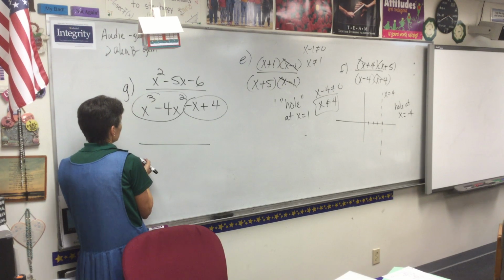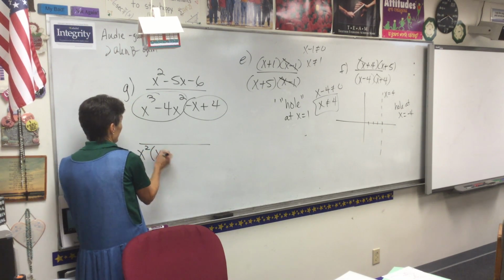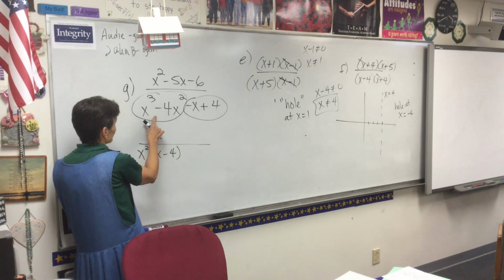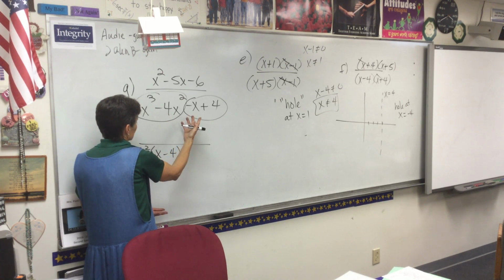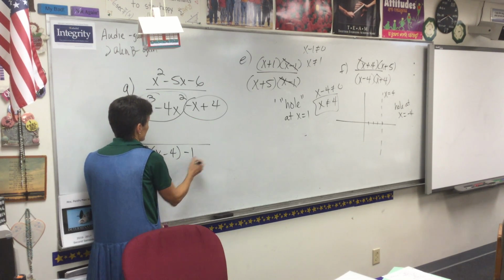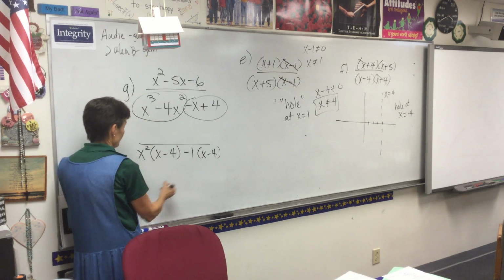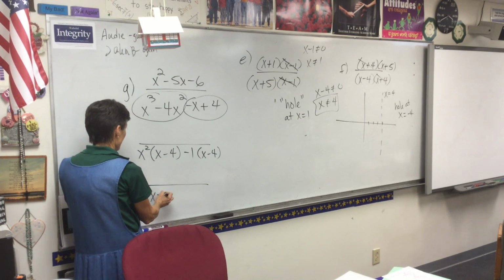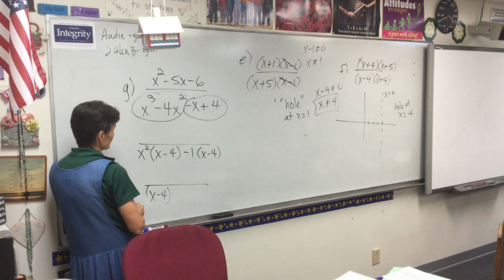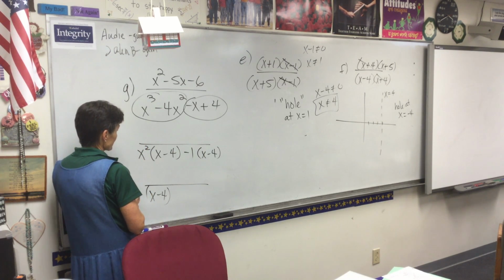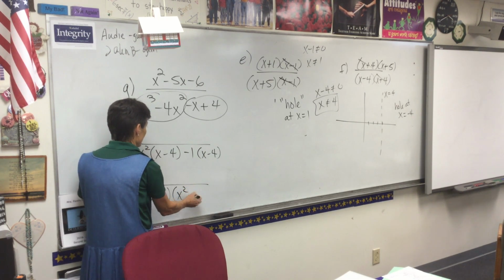So that would be x squared, x minus 4. What can I take out of that? Just a negative 1. And that's x minus 4. That's good news. So I have my x minus 4. I'm just doing the bottom right now. So I have x minus 4 and x squared minus 1.